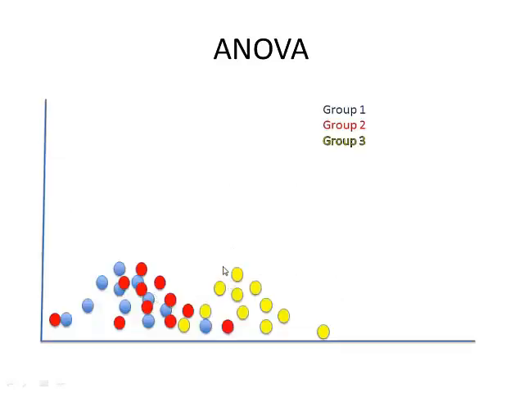So let's look visually at what we're talking about. I was thinking we would look at three groups. Group 1 is the blue group, the blue dots here. The second group, group 2, will be the red dots, and group 3 will be represented by the yellow dots. So this is supposed to represent three groups that we have plotted the data for, and it could be anything. I was thinking we could talk about middle school.